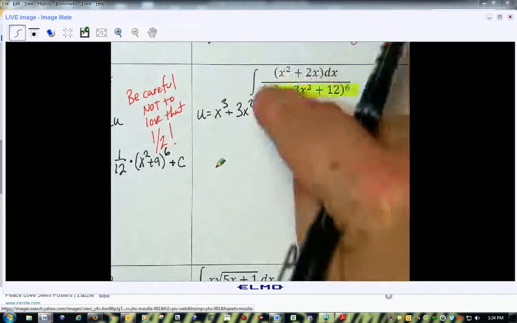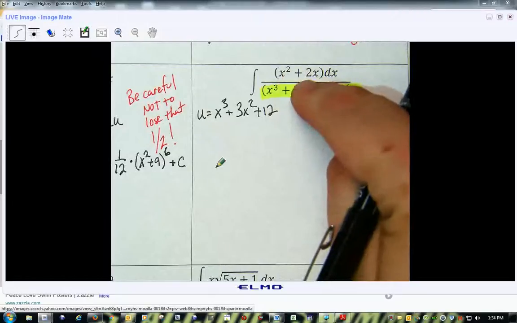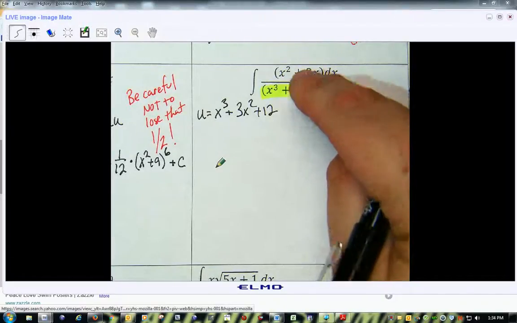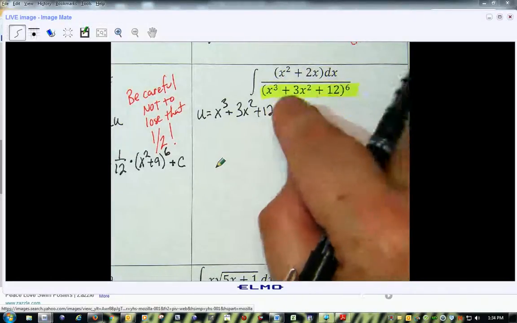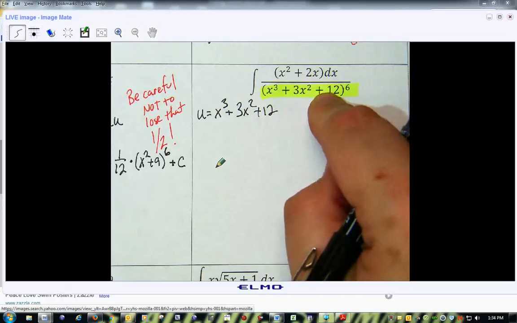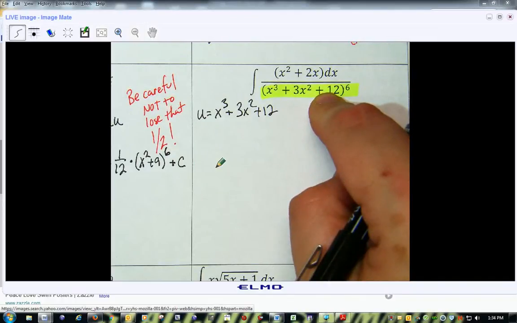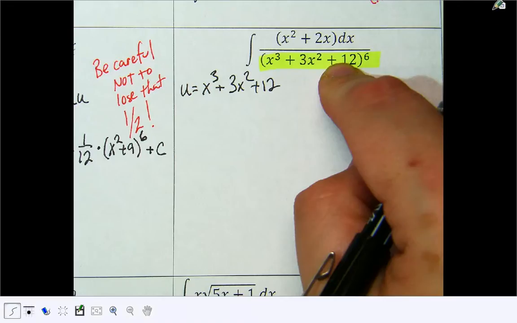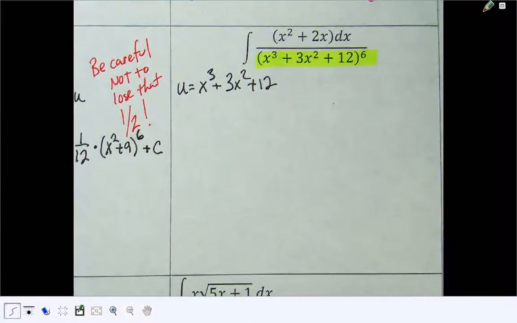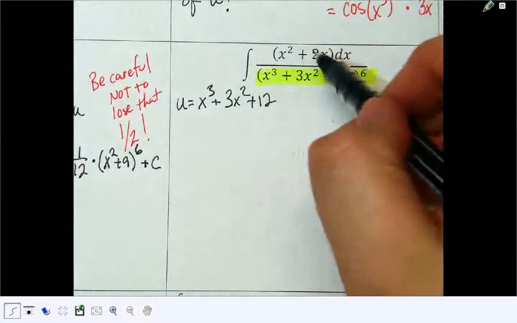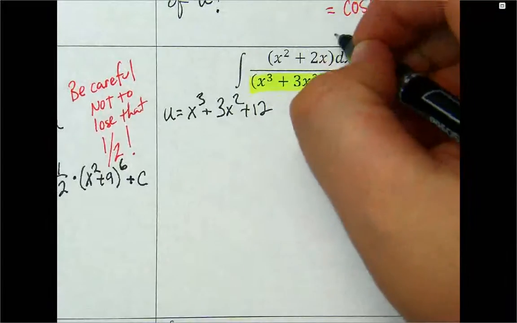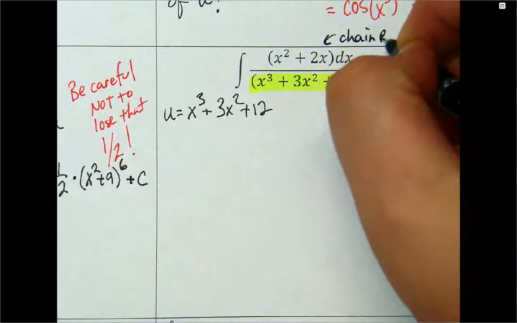So this was the function that we took the derivative of, and that was the chain rule. Hold on one second. So up here, this has to be my chain rule. And once we integrate it, the chain rule will go away.